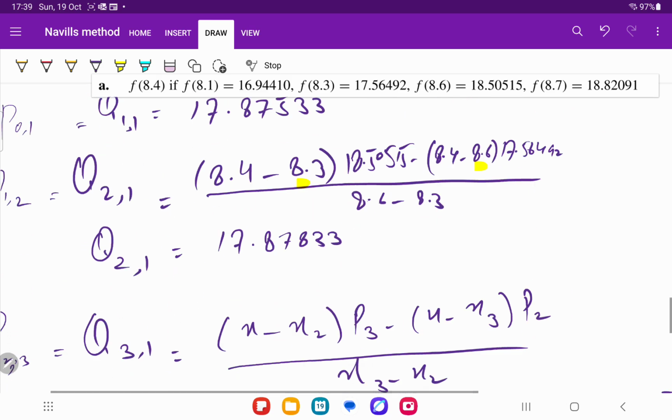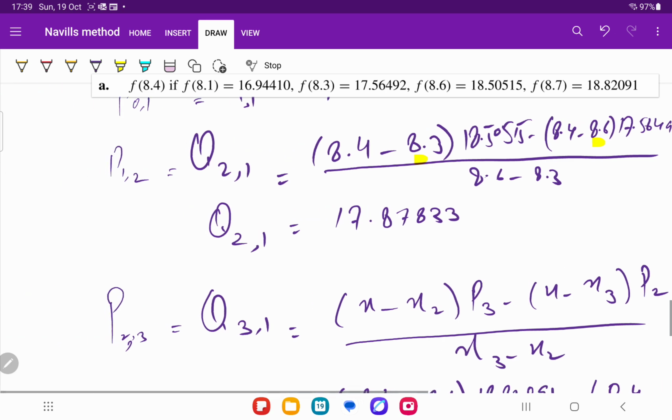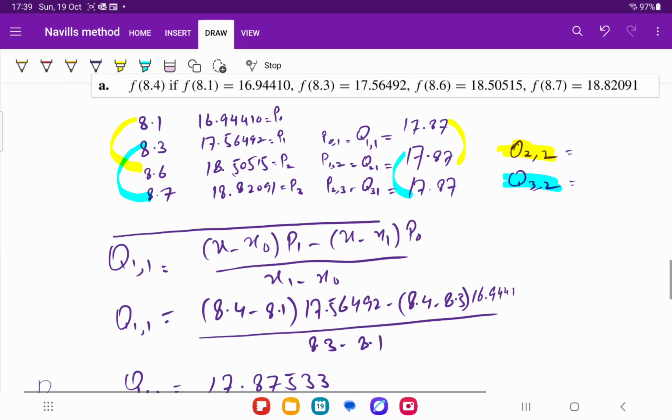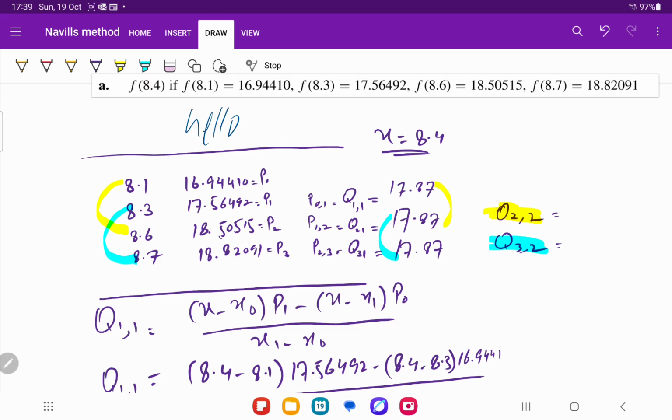Okay, so let me write in terms of p. You are reaching these 2 points by using 0, 1 and 2. So you will reach this point by using these 3 points, because it's a stepwise process, and you are reaching this stage by using 1, 2 and 3.